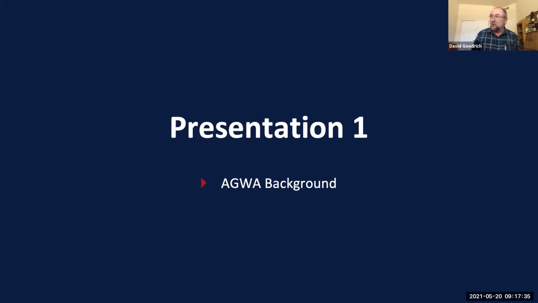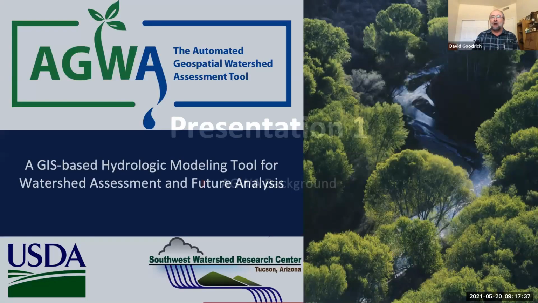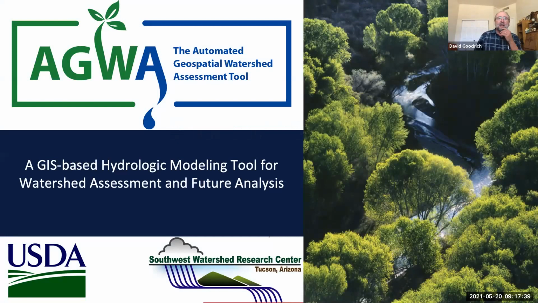So this presentation will be about some background of AGWA. AGWA stands for the Automated Geospatial Watershed Assessment Tool, and it's really a GIS modeling tool for watershed assessment and future analysis or management analysis, considering multiple scenarios.